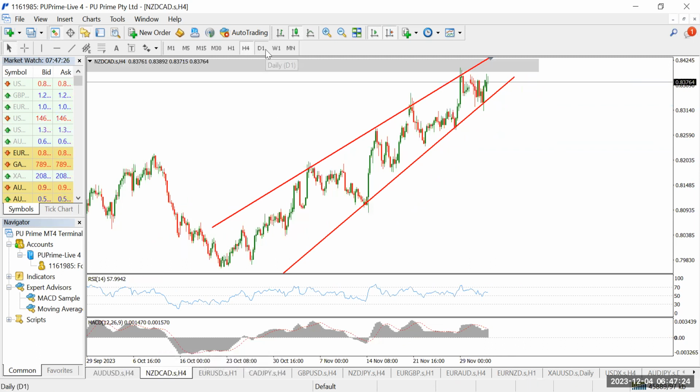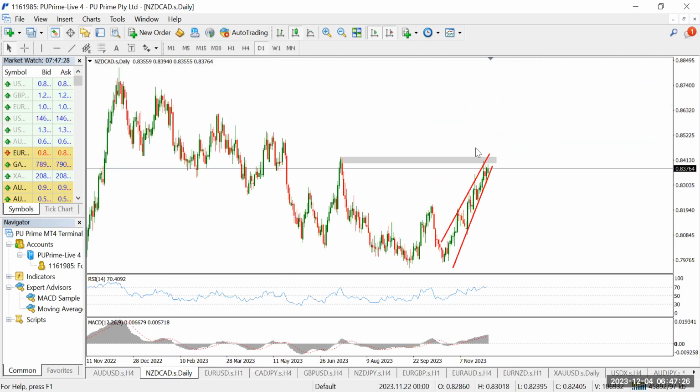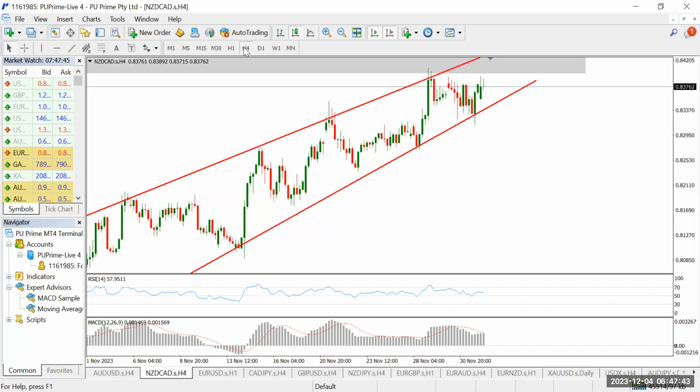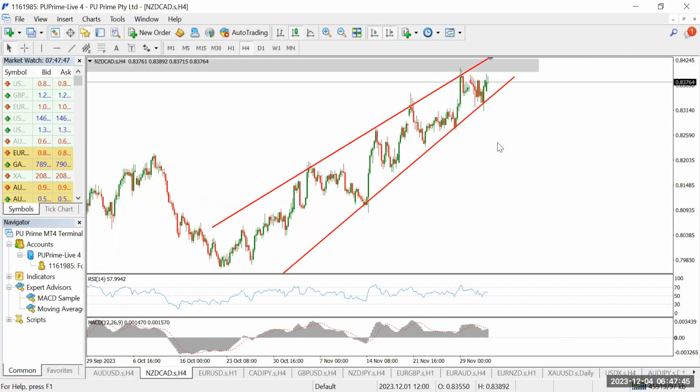The next instrument I want to check is the New Zealand USD. Now, this is New Zealand USD on the daily time frame. We can see that price recently hit a lower level of this resistance zone, and we can see that price also has ranged around this level. Today is the fourth day that price is ranging around this level. So if you flip down to the 4-hour time frame, we clearly see that we have a rising wedge, which tells us of a potential bearish breakout on this instrument.